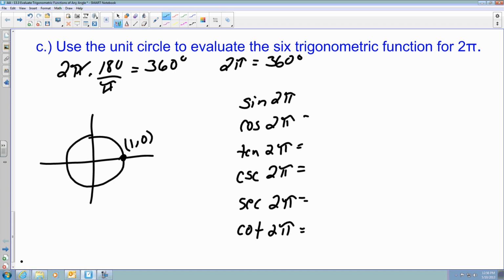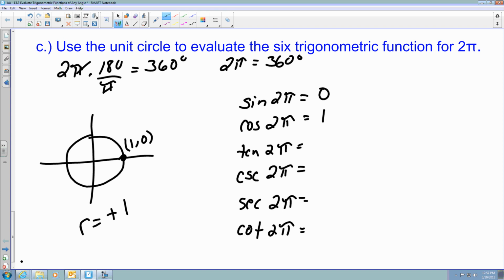So like above, we're going to use y divided by r. Well, r here is always going to equal a positive 1. And y in this case was 0, so it's 0 divided by 1, so the sine of 2 pi gives me 0. Cosine of 2 pi is 1 divided by 1, which gives me 1.